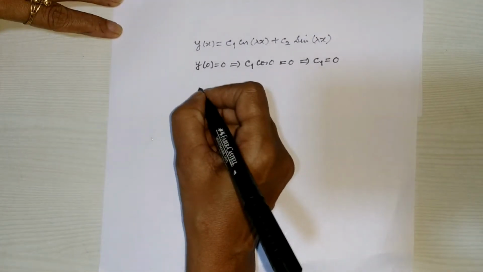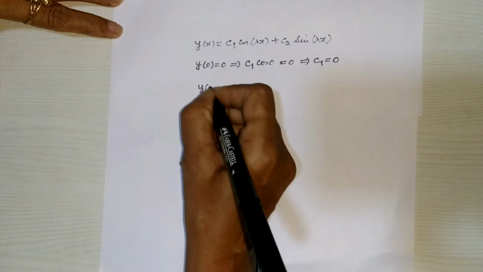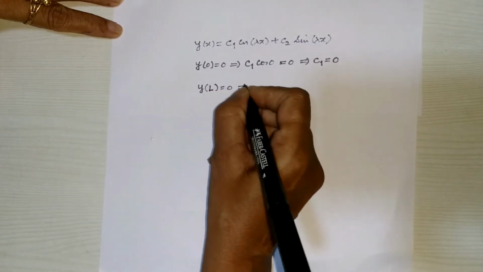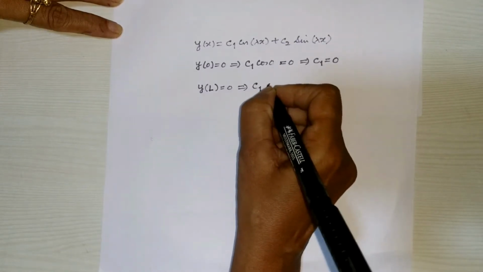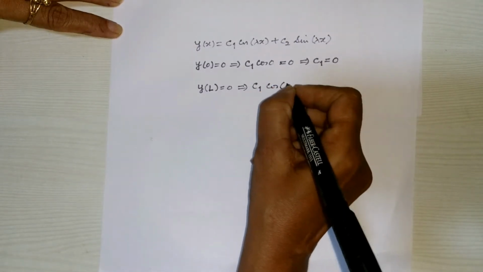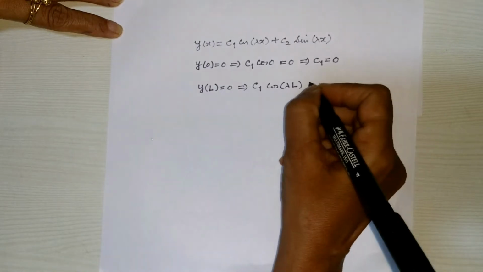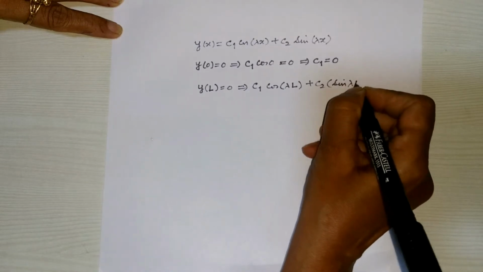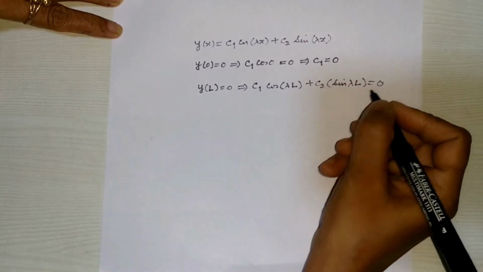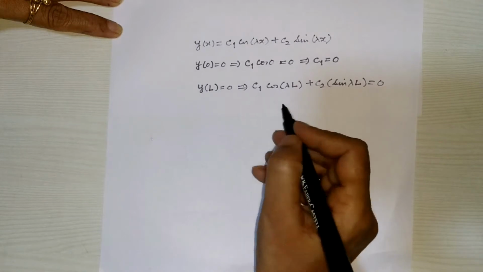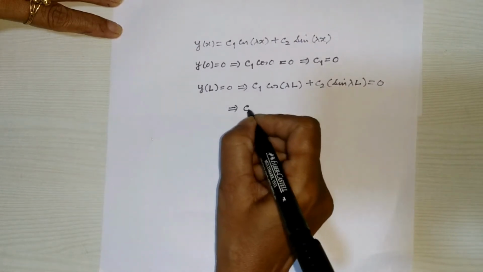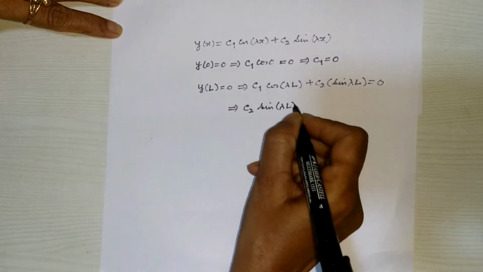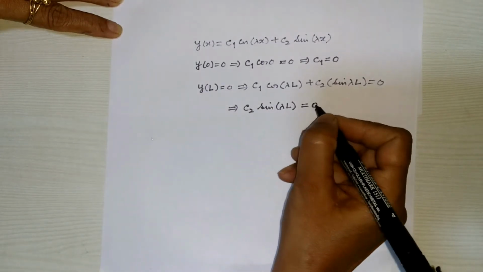Now if we apply the second boundary condition, that x is equal to L, y is equal to 0, this implies c1 cos of lambda L plus c2 sine of lambda L is 0. Now because c1 is 0, the first part will be 0, so this implies c2 sine of lambda L is 0.